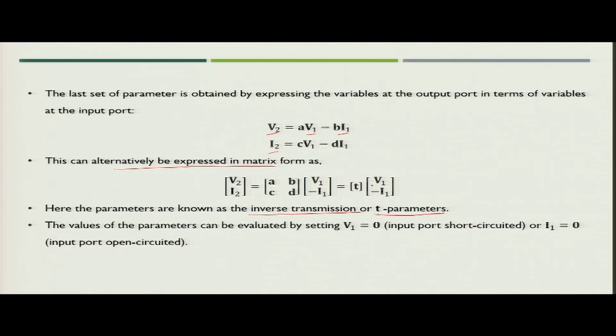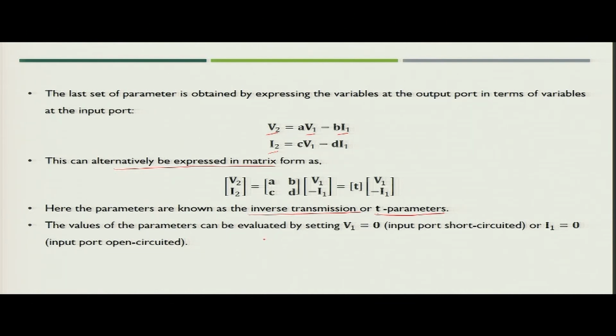So, we represent this abcd matrix with small t. We say it is the inverse transmission or small t parameters. Now, how will you find out the values?